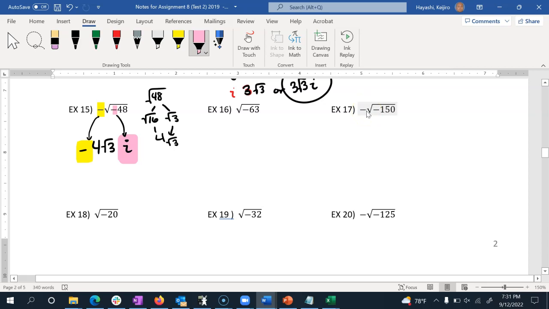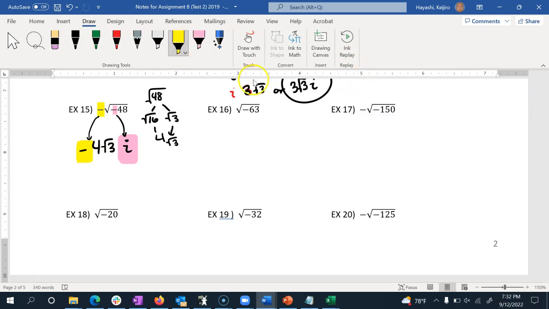Let's skip example 16. Let's do example 17. First, let's just deal with the number 150. What square number is a factor of 150? 25. Yeah, 25 is in fact the biggest square that's going to fit into this. What's the other factor then if one of the factors is 25? 6, right. I don't know why I asked that.